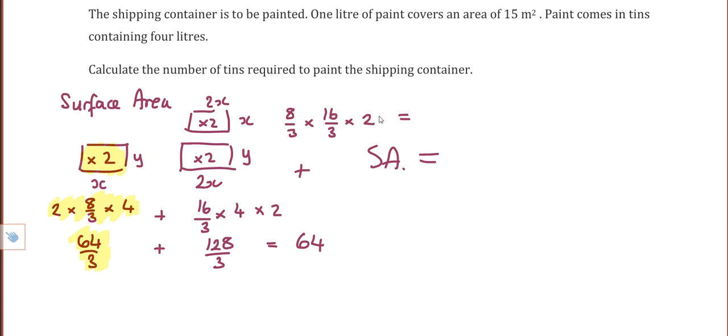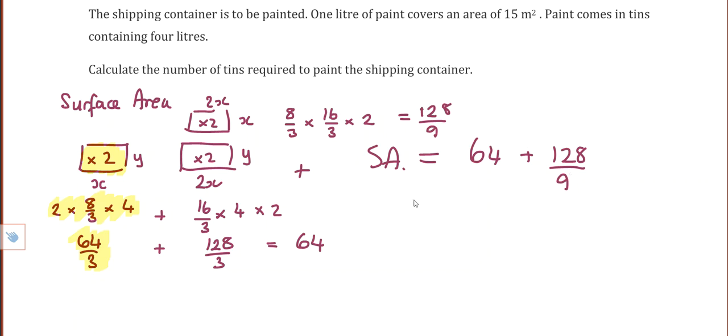And I just use 16 times 16. This is 128 over 9. So I've then got to do 64 plus 128 over 9.